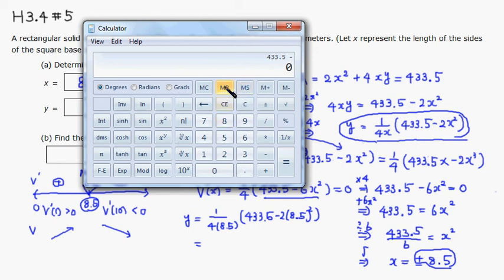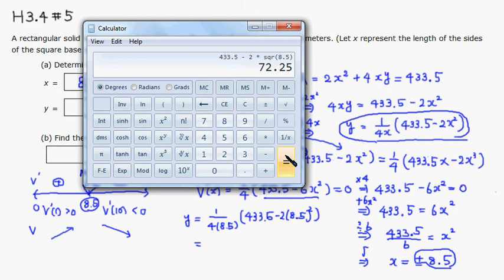433.5 minus 2 times 8.5 squared. Did I put that as the square?